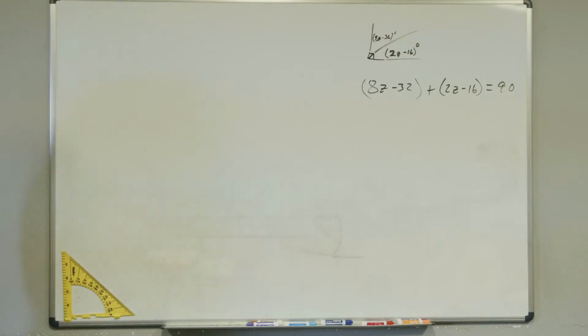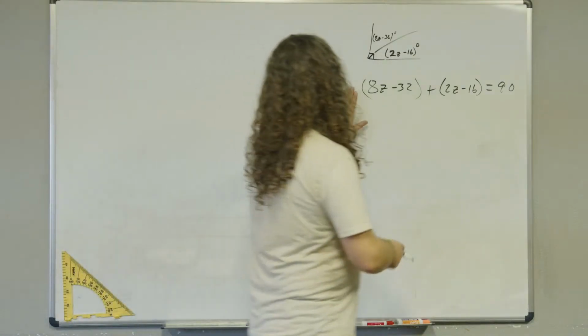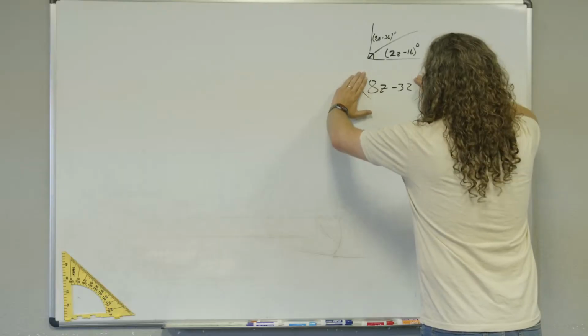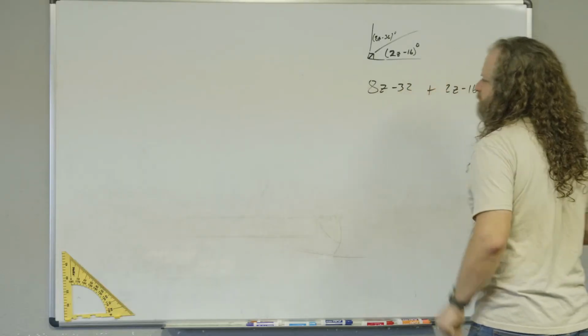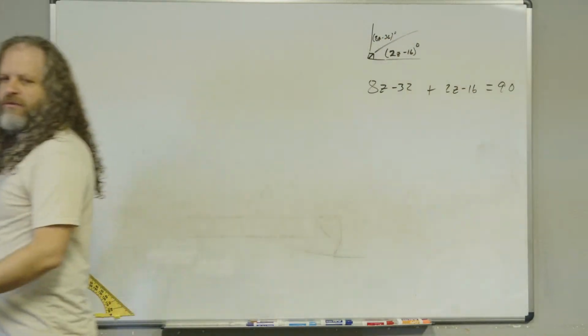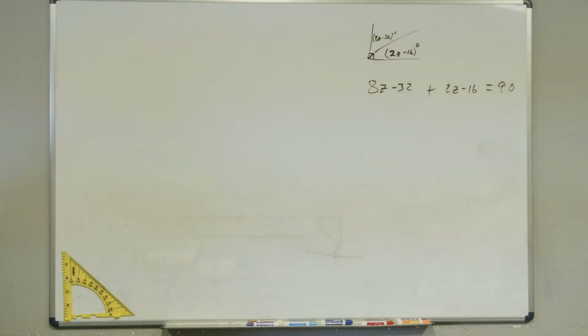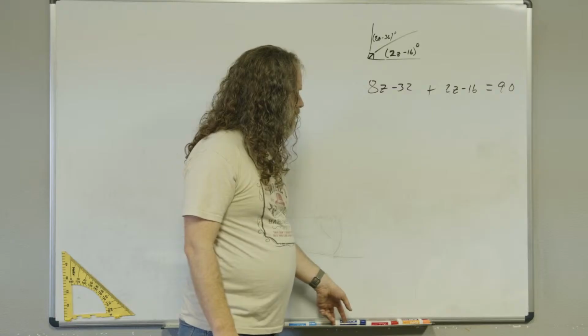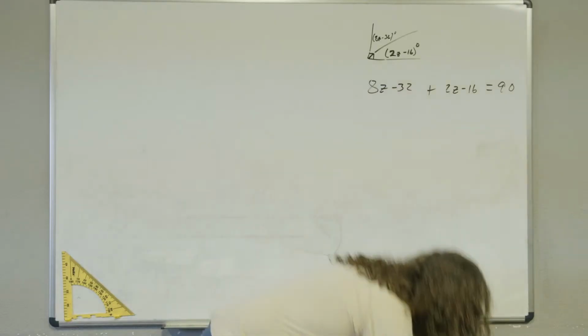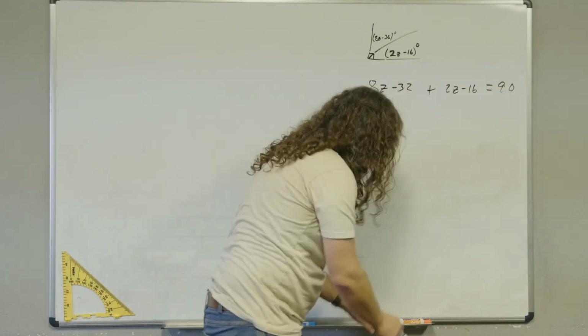Now we've got a simple equation. Since there's just pluses on the outside of both of them, we don't need the parentheses, so the first thing we could do is drop the parentheses, right? We don't really even need those. We do got to combine like terms. Where are they? 8z and 2z. There's another set of like terms, right?